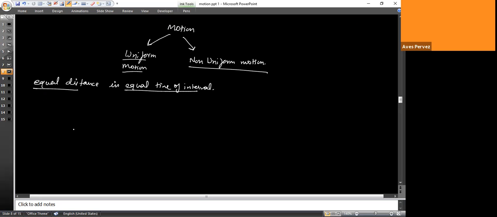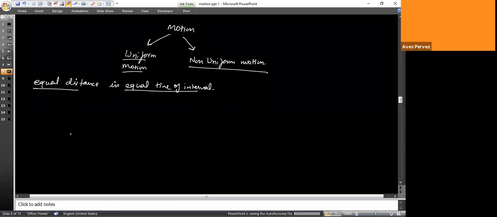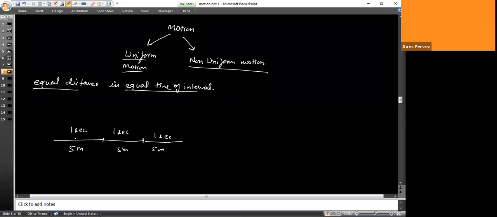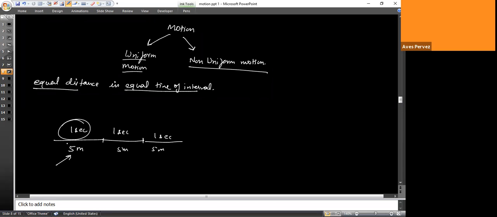Let's assume, dear students, an object is moving 5 meters in 1 second, and in another 1 second, it again travels 5 meters, and in another 1 second, it again travels 5 meters. If an object is traveling equal distance in equal time intervals, we consider this uniform motion.